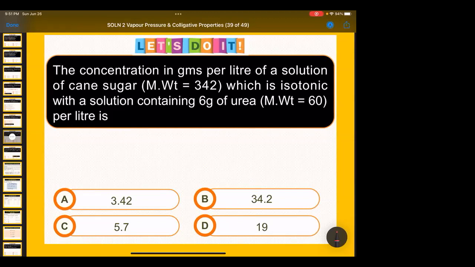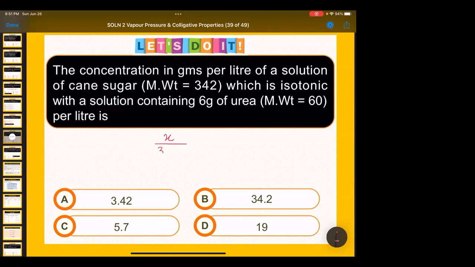So just look over it very quickly. C1 equal to C2 you need to do. No need to take RT, because if the temperature and pressure are not given, they are at the same temperature and pressure. So what is the concentration of the sugar solution? You have C mole per liter, but it is asked in grams. X gram per liter.